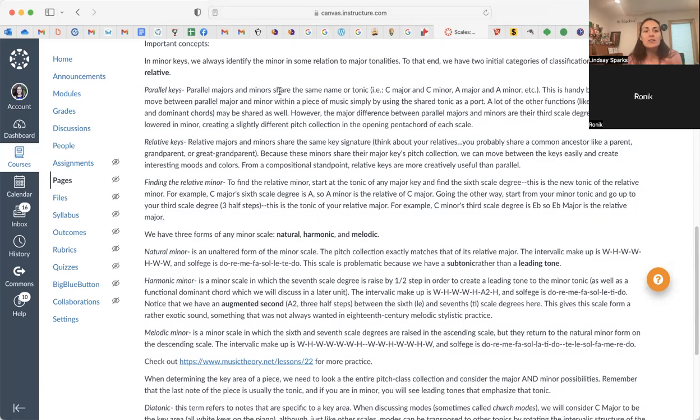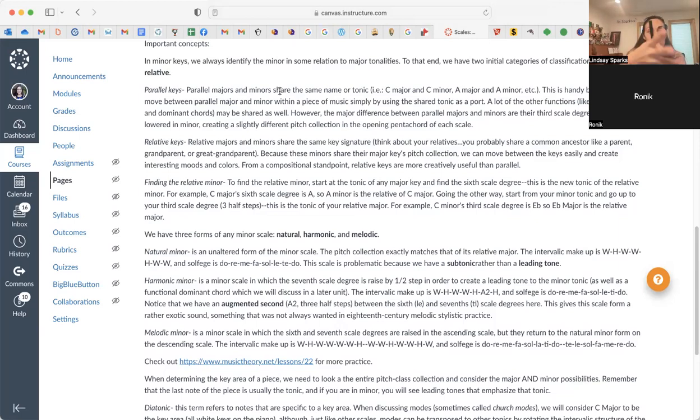So imagine Tom Cruise, the actor, switches lives for a week with Tom Cruise, the electrician from Indiana, you know what I mean? They don't have anything else in common except the name. And parallel majors and minors are a little bit that way. They share a tonic, but the actual makeup of the scale is different. The intervallic structure is different.